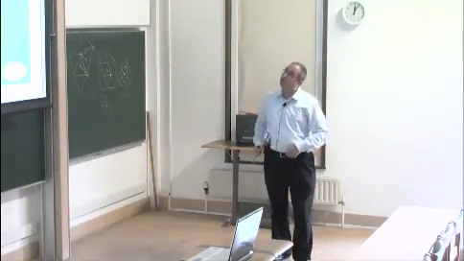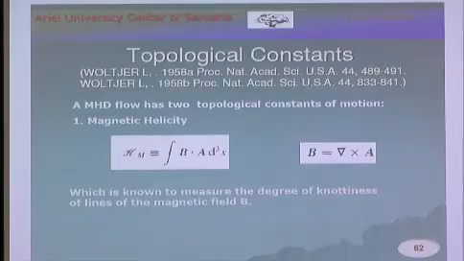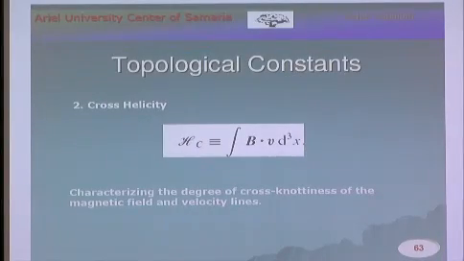Now, Woltjer in two papers has suggested two topological constants of motion. One is the magnetic helicity, which is a measure of the degree of knottiness of the lines of the magnetic field B. And another one is the cross helicity, which has to do with vortex lines and magnetic field lines and the way they are knotted.